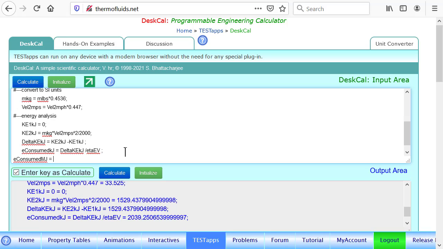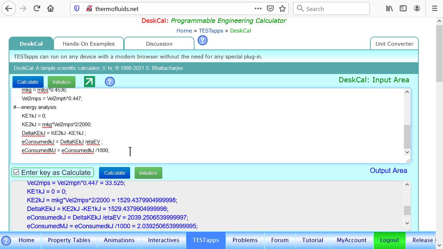In million joules, it will be kilojoule divided by 1000. So we found the answer to part A. If you want, you can write a little comment, Part A.